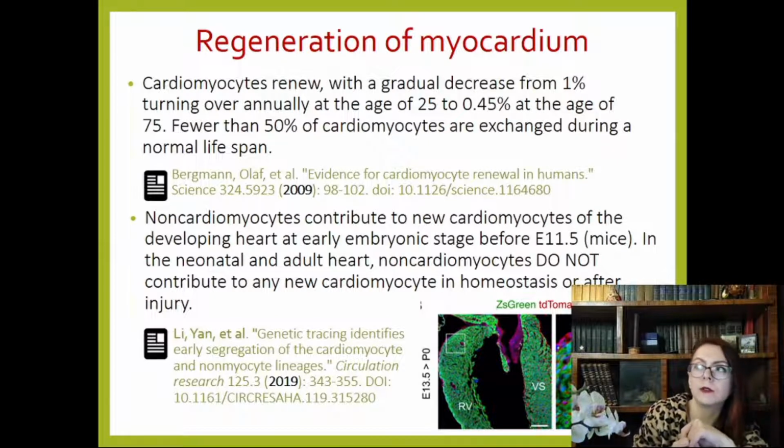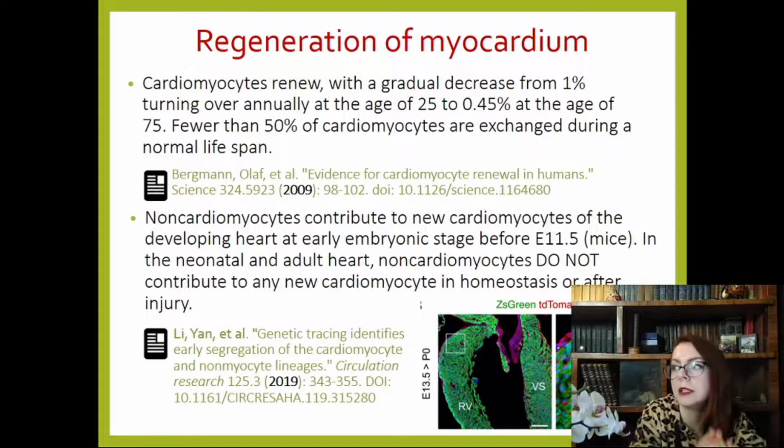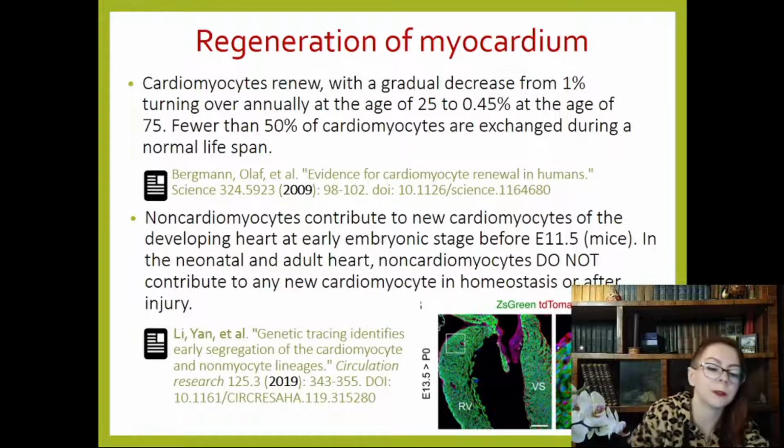There is no reason to look for undifferentiated cells or to stimulate them to differentiate into cardiomyocytes. There is no such natural mechanism to obtain cardiomyocytes from any external source. We only have to stimulate the existing cardiomyocytes to divide.